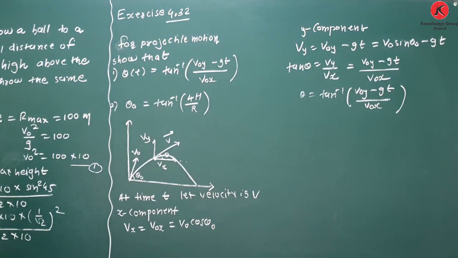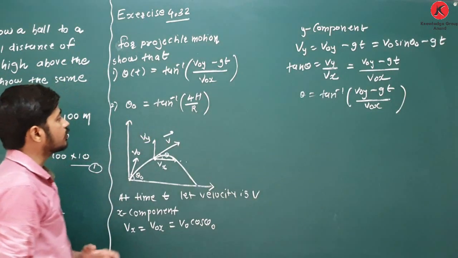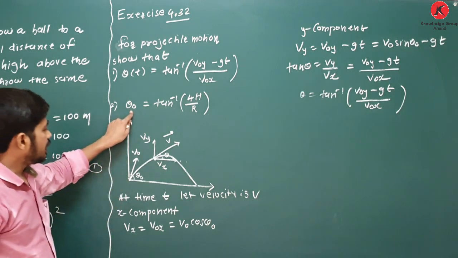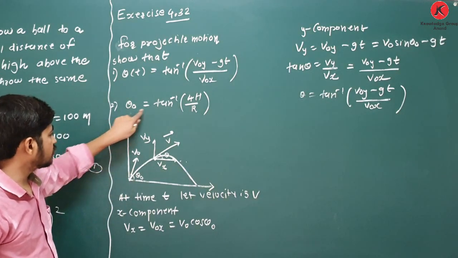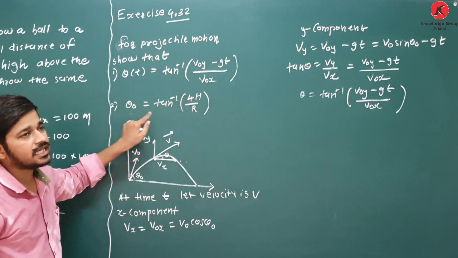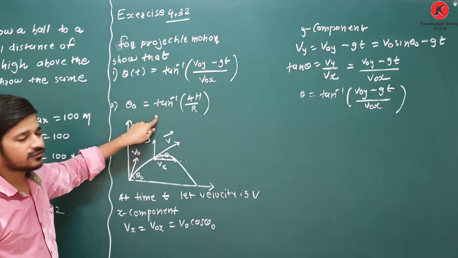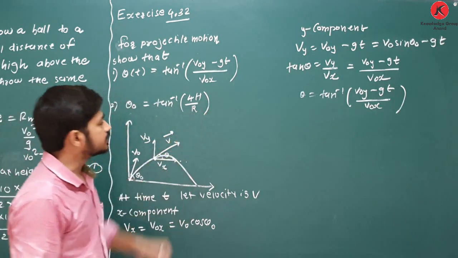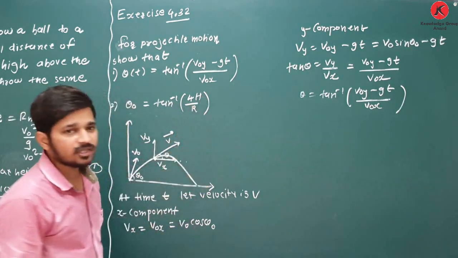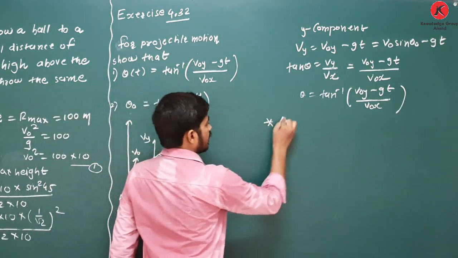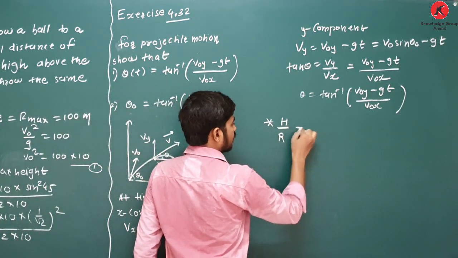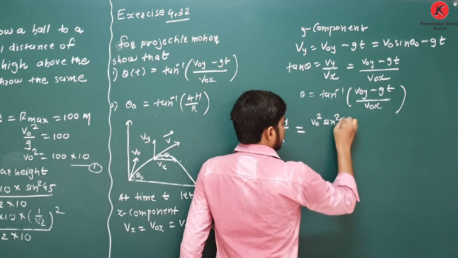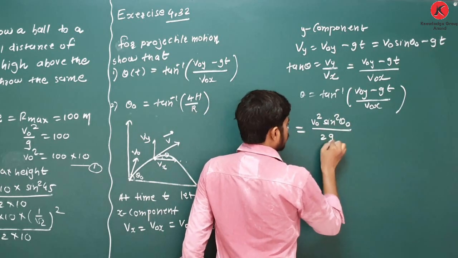Now we have to find another equation. Theta 0 is equal to tan inverse 4h upon r. You have to find the initial angle of projection. In some prove-that questions, you will be given h upon r, where h means maximum height and r means maximum range. If I am taking the ratio h upon r, what is the equation of h? v0 square sin square theta 0 upon 2g.